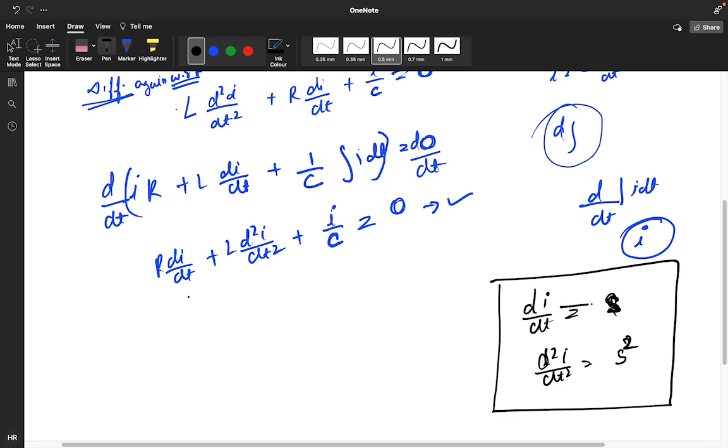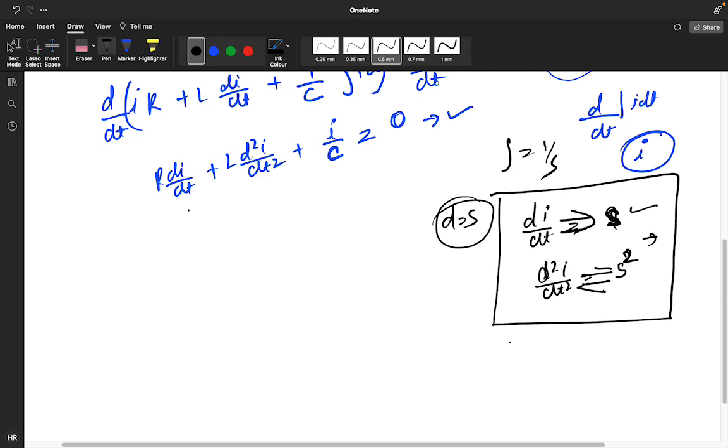The Laplace transform of a differentiation is S, and the Laplace transform of an integration is 1 by S. These things you need to remember, and we will see the formula in control systems also. For now, just remember. Here our initial condition is 0, so that's why we are putting it like this.